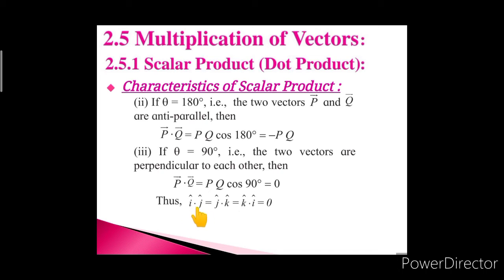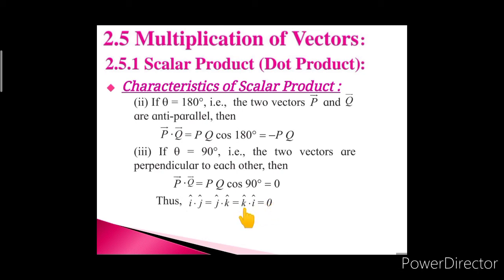So, the scalar product of i cap and j cap is 0. Similarly, j cap dot k cap also gives the result as 0, because j cap is the unit vector along the y axis and k cap is the unit vector along the z axis. The y and z axes are perpendicular to each other, making an angle of 90 degrees.